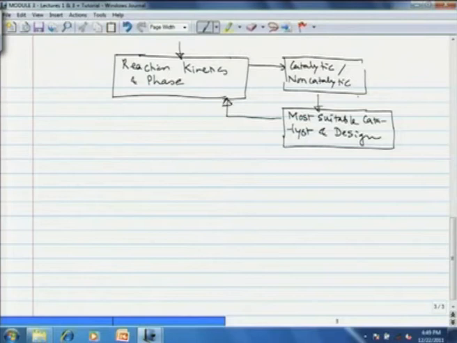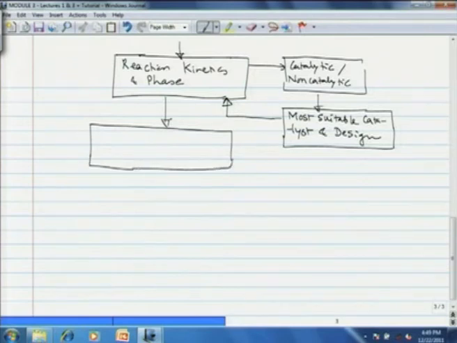So, these are the subcomponents of this particular step, that is the reaction kinetics and phase. Thereafter, we have to go for actual process development and then carry out the material and energy balance.